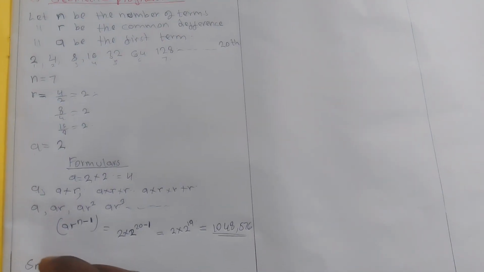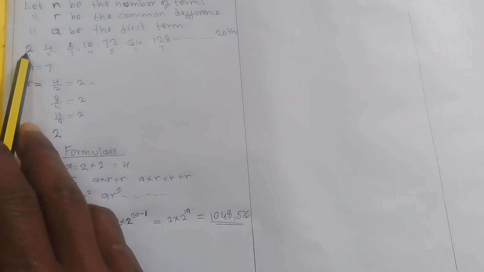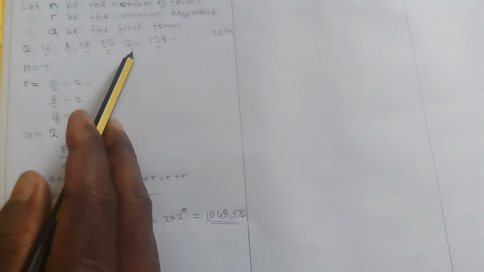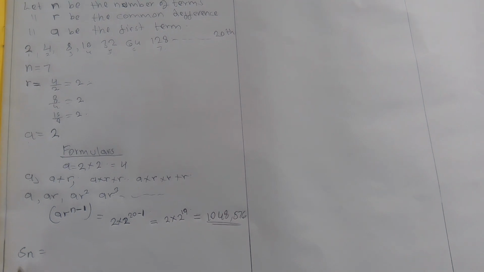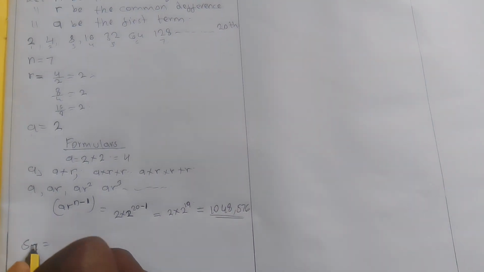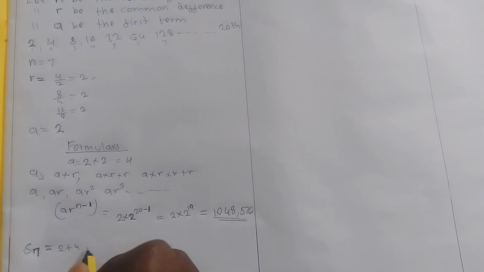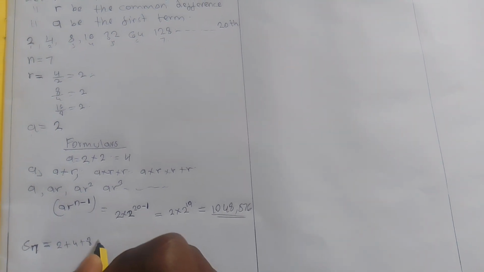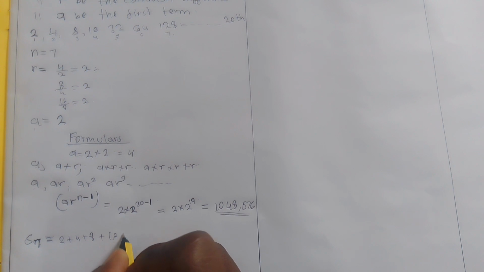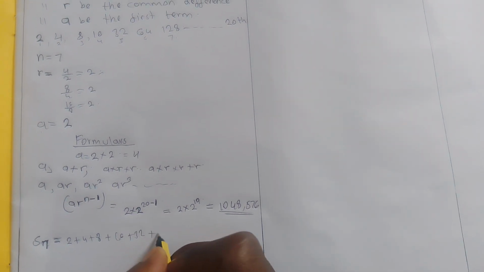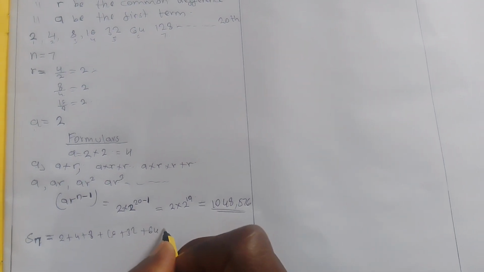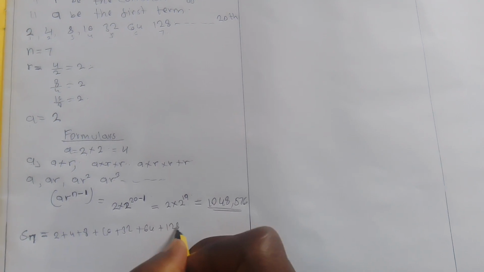of n is equal to, what is our n? 1, 2, 3, 4, 5, 6, 7. 7. So the sum of nth term is equal to, you can say, 2 plus 4 plus 8 plus 16 plus 32 plus 64 plus 128.